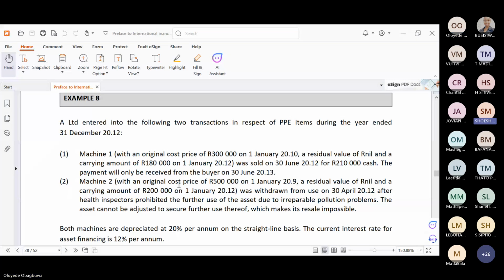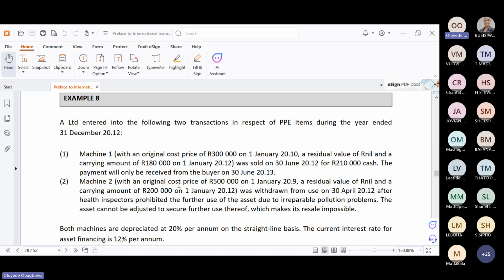Machine 2, with the original cost price of 500,000 on 1st of January 2009, a residual value of nil, and a carrying amount of 200,000 on 1st of January 2012, was withdrawn from use on 30th April 2012 after the Earth Inspector prohibited the further use of the asset due to an irreparable pollution problem.